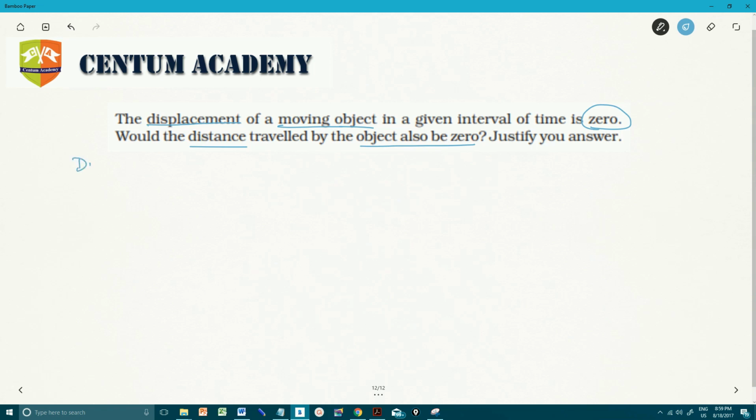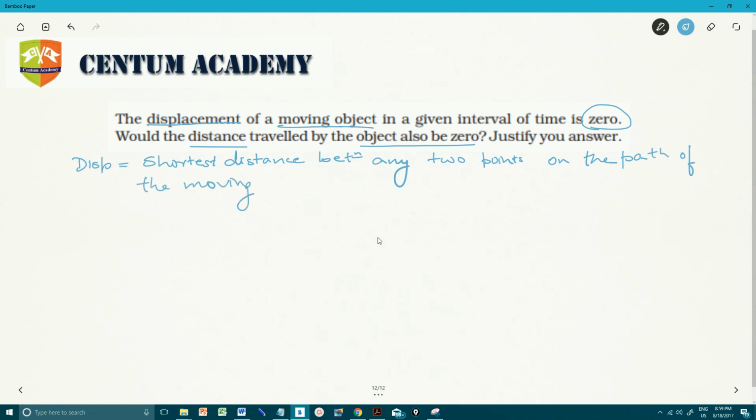So displacement, as we know, is nothing but the shortest distance between any two points on the path of the moving object.